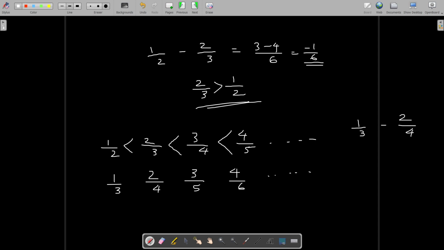So try to subtract. 4 minus 6 is already negative. 3 into 4 minus 2 by 12. So 2 by 4 is greater than 1 by 3. So I can safely say that 3 by 5 is greater than 2 by 4 and 4 by 6 is greater than 3 by 5.